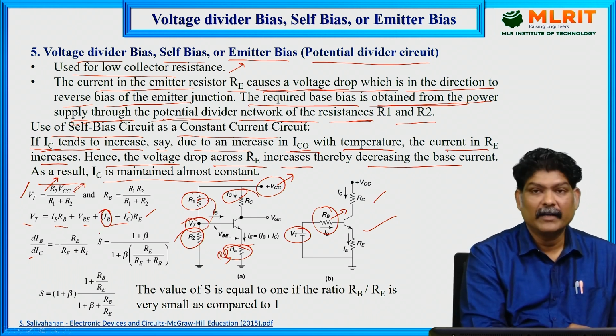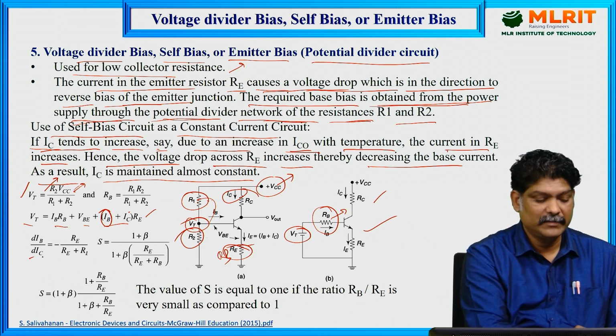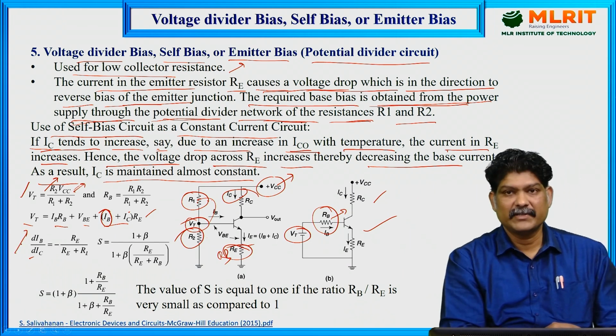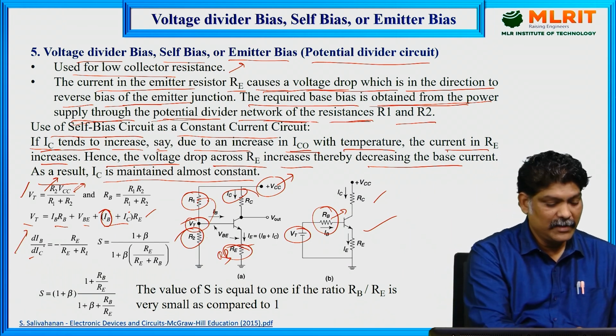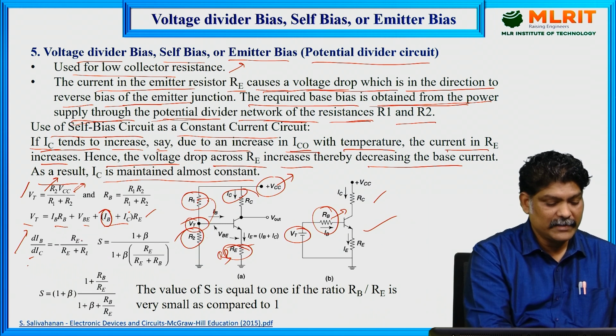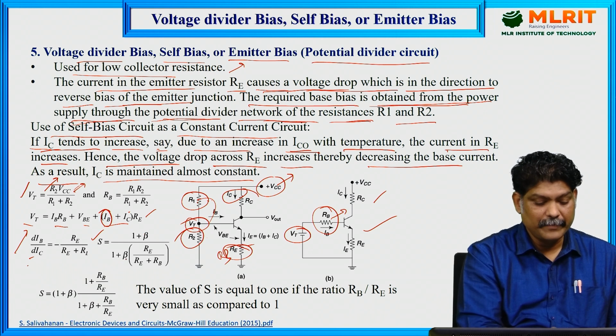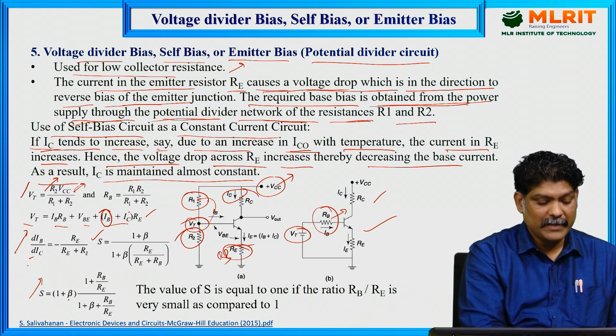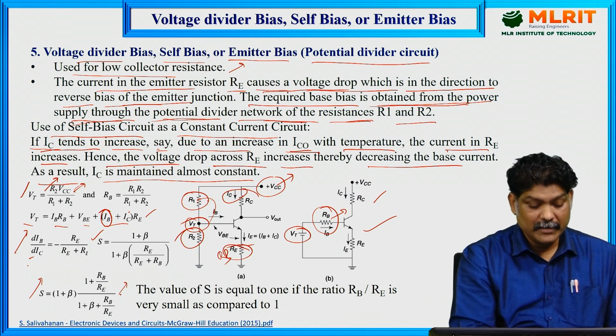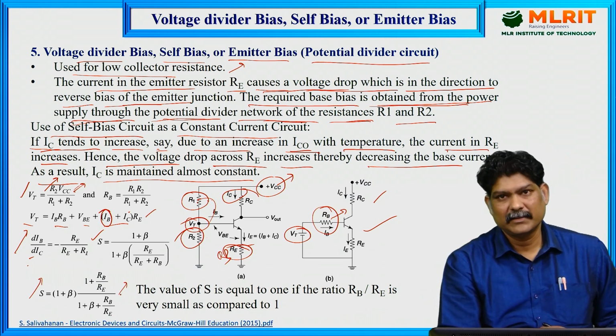After getting the IB expression, we can apply differentiation with respect to collector current IC. dIB by dIC equals minus RE by (RE plus RB). Therefore, S equals (1 plus beta) by (1 plus beta RE by (RE plus RB)). Substituting, the value will be (1 plus beta)(1 plus RB by RE) by (1 plus beta plus RB by RE). So the stability factor is very low compared to the others.